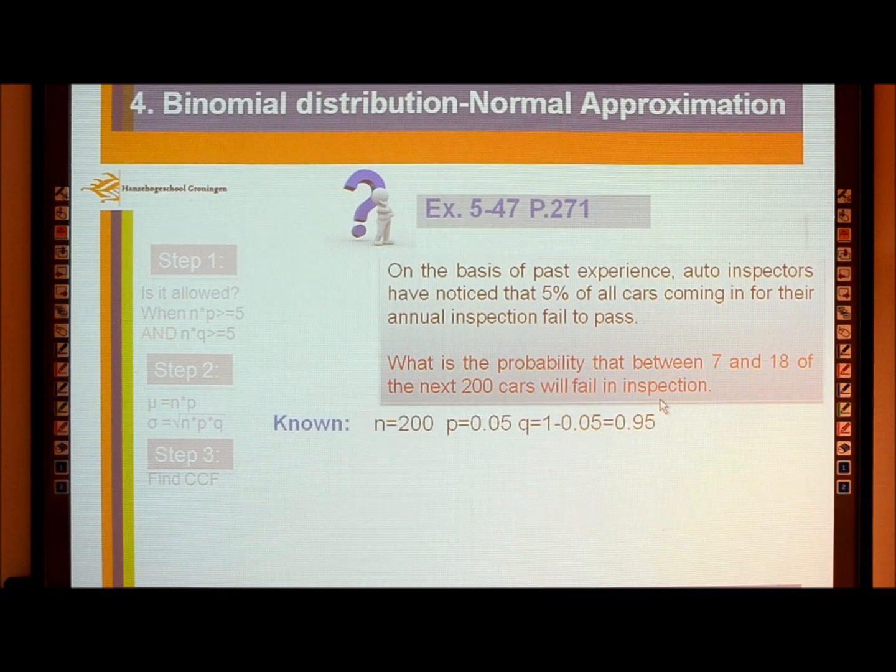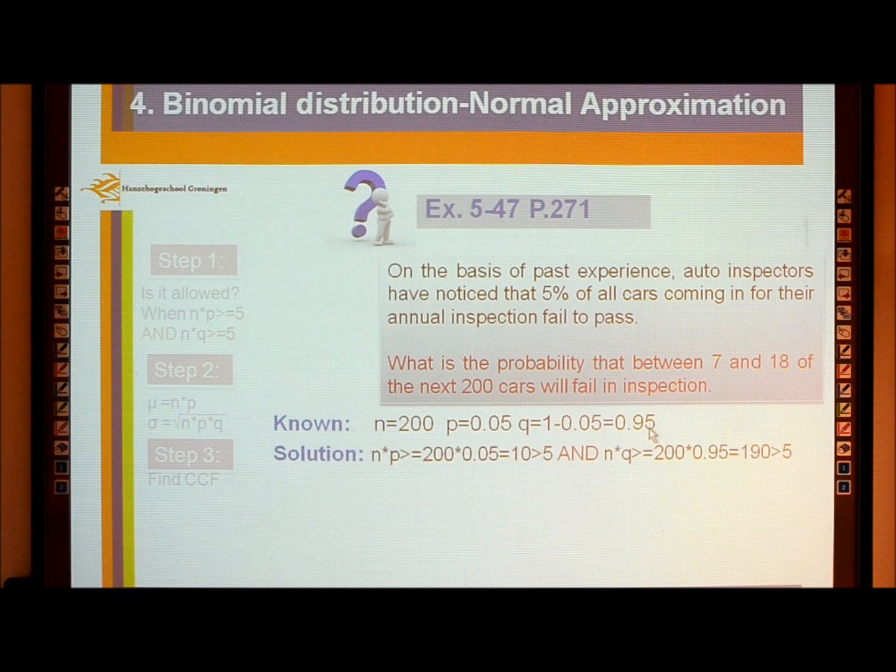In this question, in total we have 200 cars, and from past experience, we know the probability is 0.05. If we know the probability of one side, we will know the probability of the other side of the coin. It comes from 1 minus 0.05. So if 5% of the cars fail to pass, that means 95% of the cars will pass.